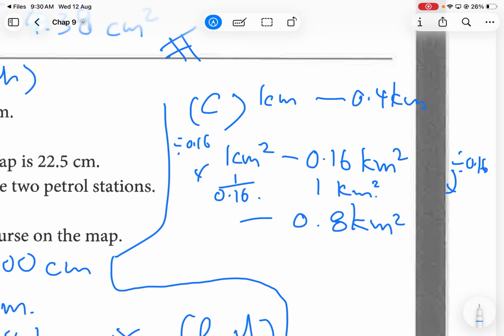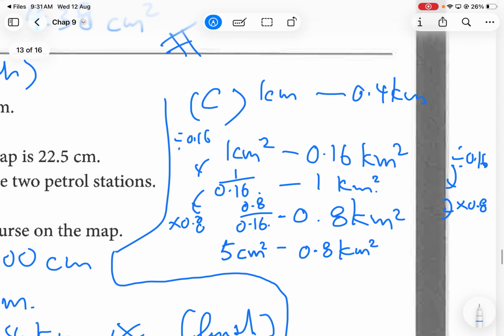Then from 1 to become 0.8, I multiply 0.8. Then here I also multiply 0.8. So now straight away becomes 0.8 divided by 0.16. Then I only need to key in calculator this once. Times 0.8, then divide by 0.16. Five cm square.